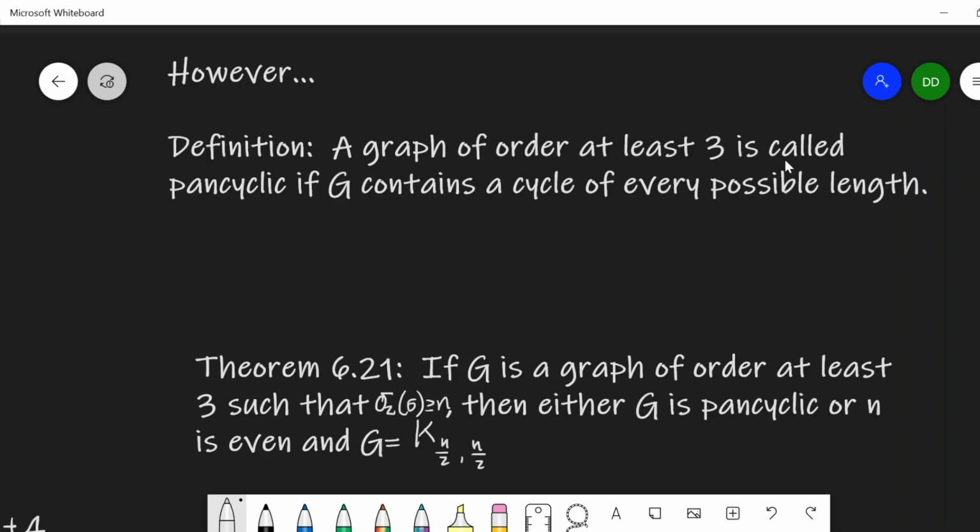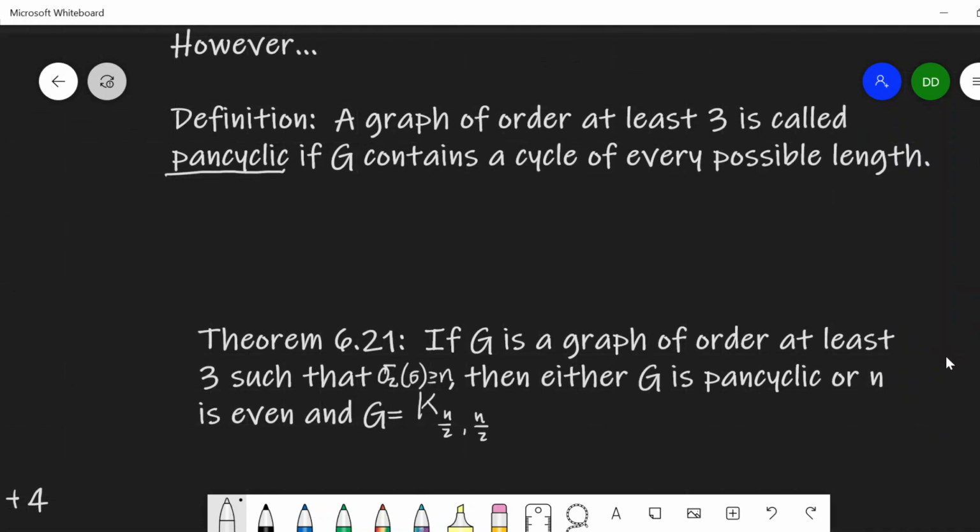So we say a graph of order at least 3 is pancyclic if it contains a cycle of every possible length, so between 3 and n. And then there's a theorem which says that if you have a graph of order at least 3, such that sigma 2 of G is at least n, well, then with at most one exception, G is pancyclic.